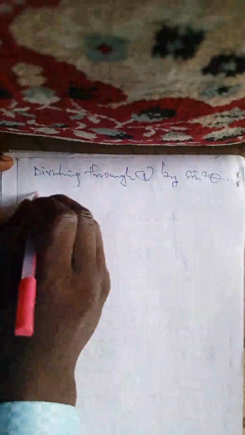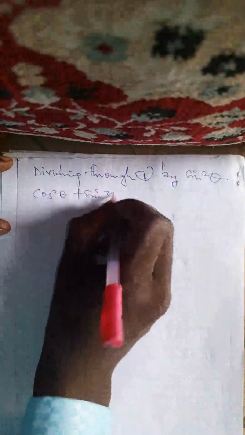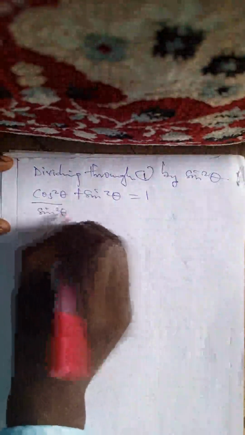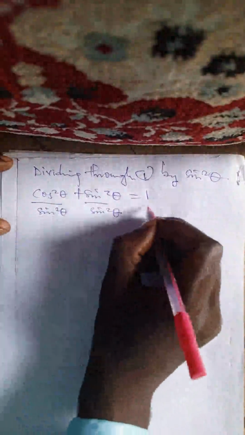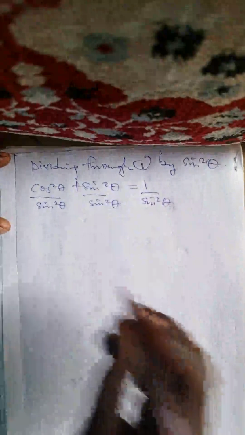What do we have? We have cos squared theta plus sine squared theta is equal to 1. But dividing by sine squared theta, what do we have now?